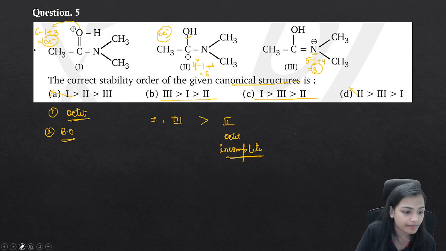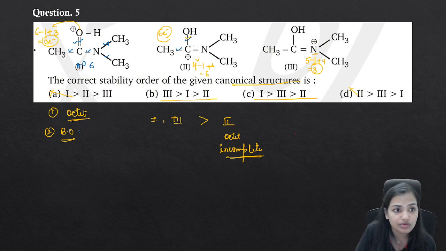Let us do it again. 1, 2, 3, ignore this bond, 3, 4, 5, 6. Bond order here is 6. Here we have 1, 2, ignore this OH bond, because OH is in every other structure, 1, 2, 3, 4, 5.